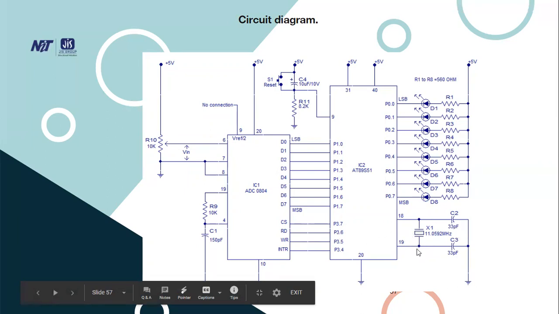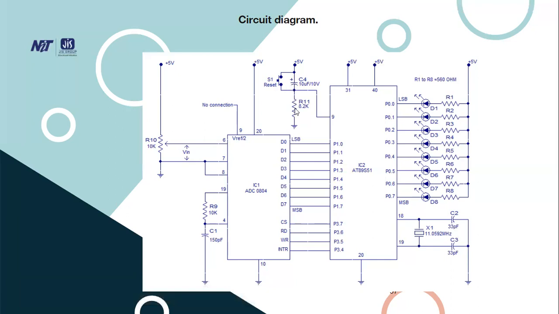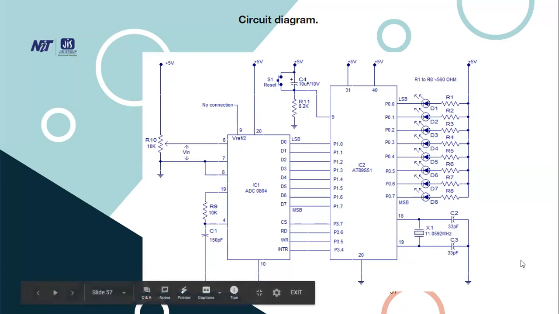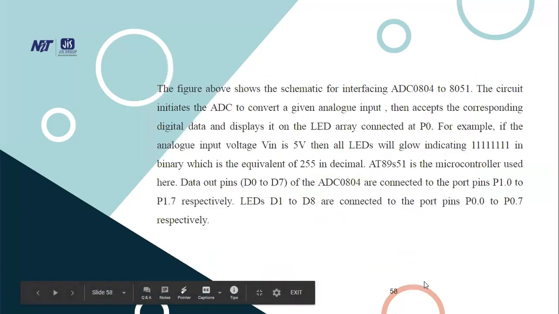This is the crystal oscillator. This is the supply voltage with a capacitor connected, and this is connected to ground. And here the reference V ref by 2 has no connection, and pin 6 is connected to a variable resistance, 0 to 10K, which is connected to plus 5 volt. So this is all about this circuit.